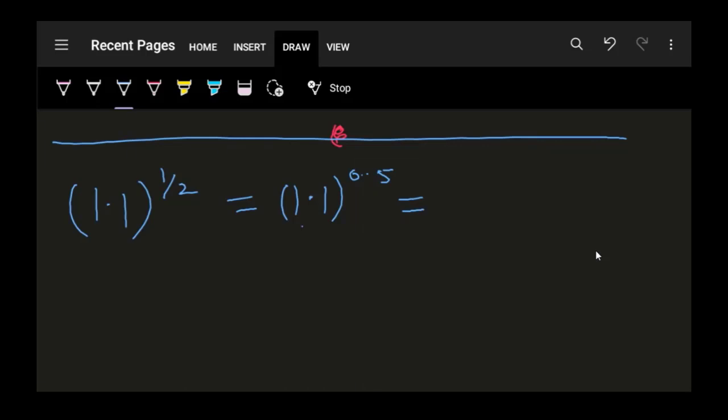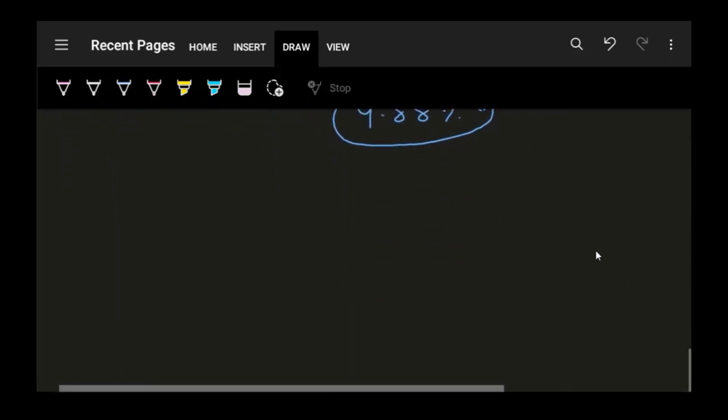This factor will be 1.0488. This means that my effective interest rate per 6 months, or per half year, is 4.88%. I am earning a net amount of 4.88% on my principal each 6 months.